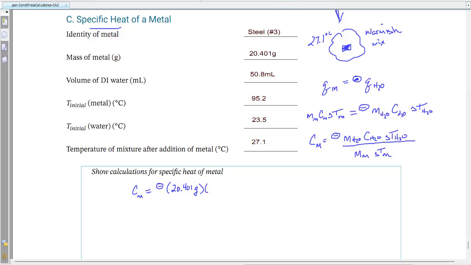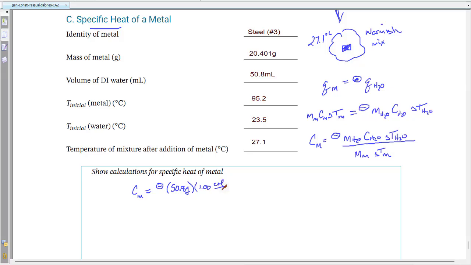See, this is how people get messed up. That's why I put all those little subscripts on there. This is mass of the water, right? So again, assuming 1 gram per mil for density, 50.8 mils is 50.8 grams of water. Gosh, that would have been embarrassing. All right. See, now I can pretend like I did that on purpose.